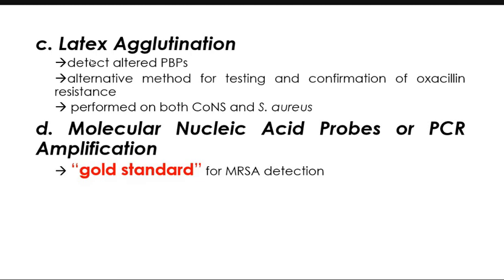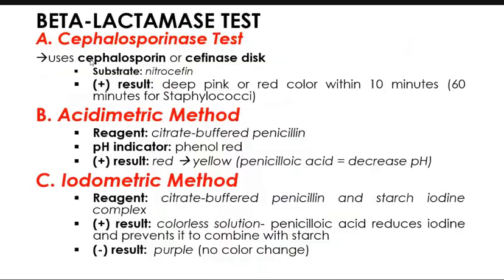So you see here that the gold standard for MRSA detection, remember we're checking for the gene mecA, which encodes for the MRSA. Diba? So ang ginagamit, the gold standard for MRSA detection would be your molecular nucleic acid probes or PCR amplification.